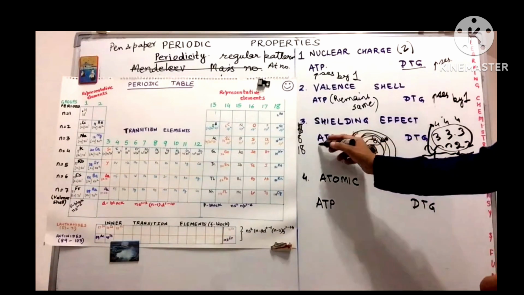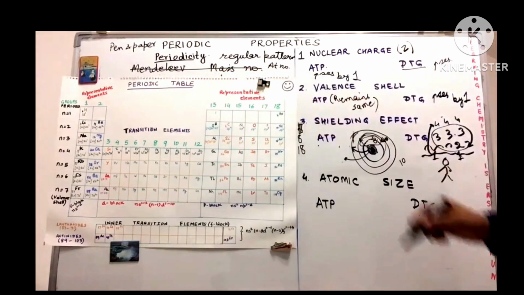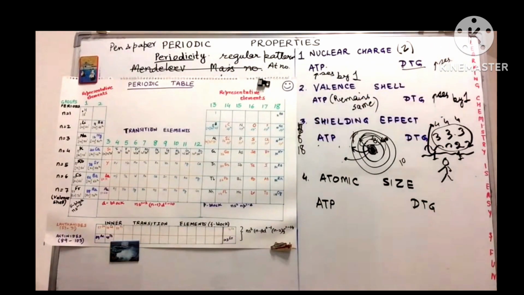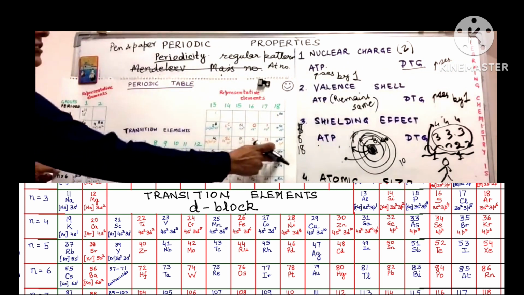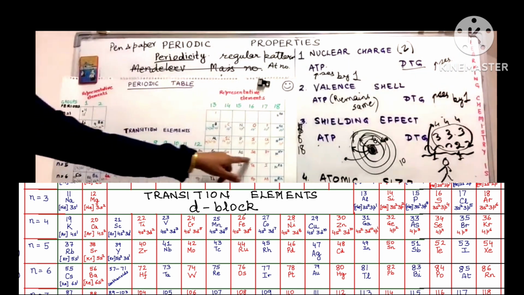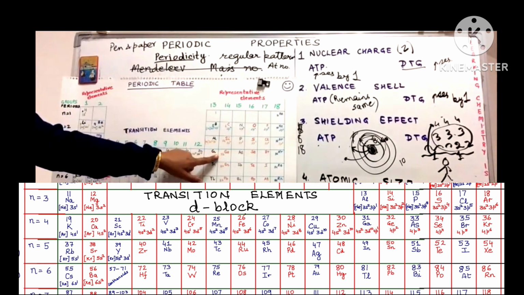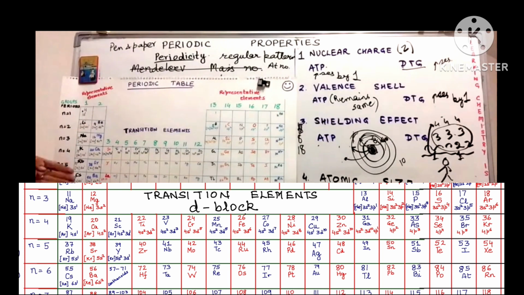Correct? So across the period, what is going to happen? Although we cannot give very strong generalizations, in the case of the S and P block, the electrons are being added only to the valence shell, whereas the number of electrons in the inner shell remains the same. So the shielding effect remains almost constant, although the nuclear charge is increasing.